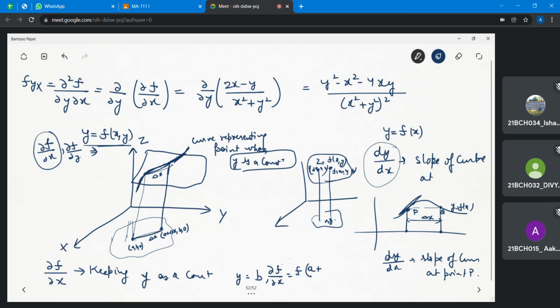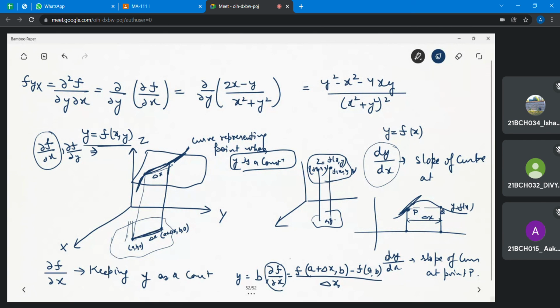So this is f of (a plus delta x, b) minus f of (a, b), upon delta x. That's how you represent the increment with respect to x. So this is the partial derivative of f with respect to x.